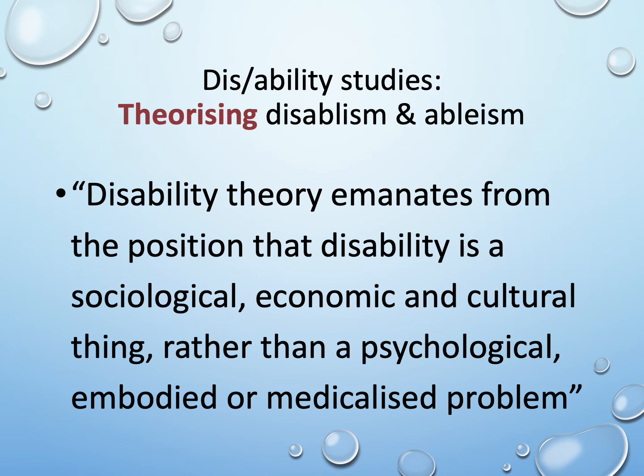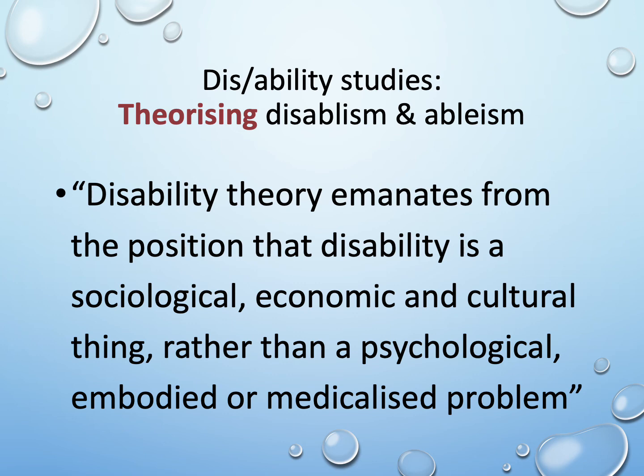But like other disability theories, like the social model, this new theory, and here I'm going to quote, emanates from the position that disability is a sociological, economic, and cultural thing rather than a psychological, embodied, or medicalized problem.